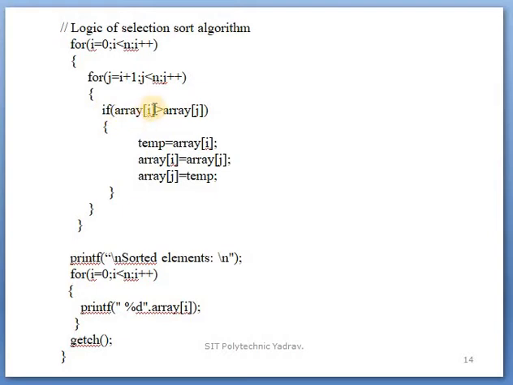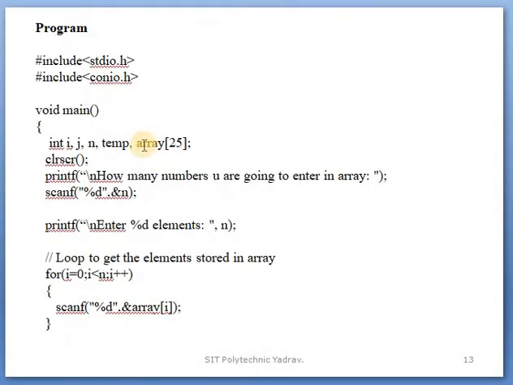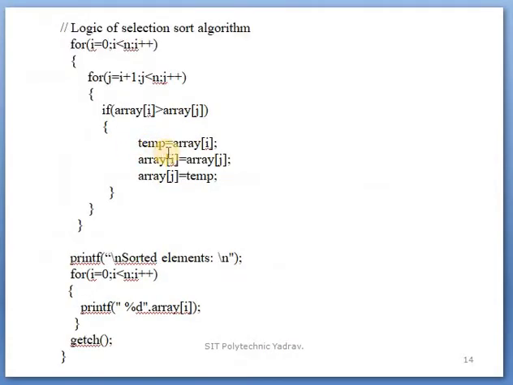If array of i is greater than array of j, then one variable is taken as temporary, because when interchanging the numbers, if the first element is assigned to the 0th position, the 0th element is overwritten. So firstly the 0th position's value will be stored in another variable like temp.